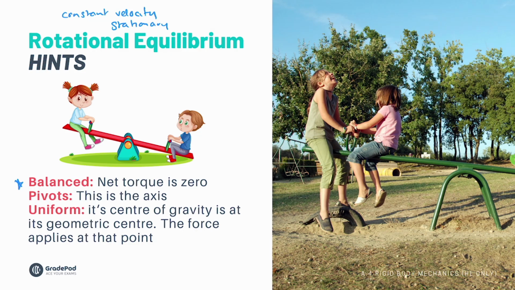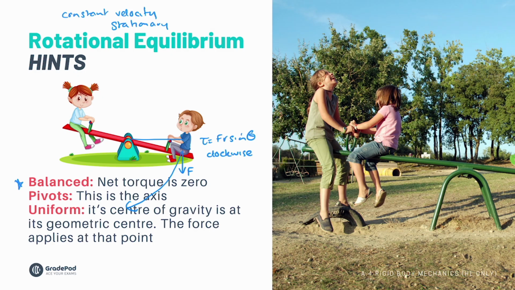I'd like you to consider these two on a seesaw. This small child has a weight downwards, that's his force, and he has a perpendicular distance from the pivot, and we can work out his torque as F r sine theta. This small person's torque is working clockwise. And he's going to make this seesaw go all the way around that way, which is clockwise.